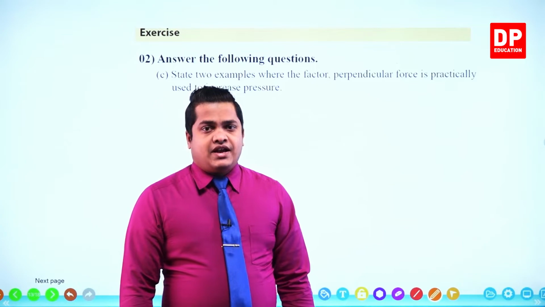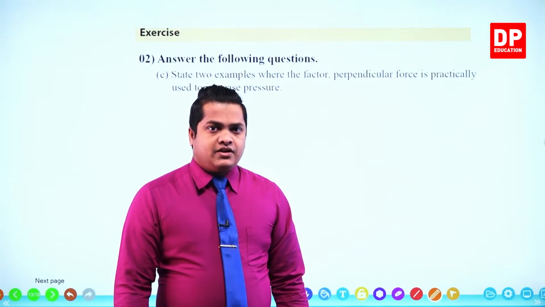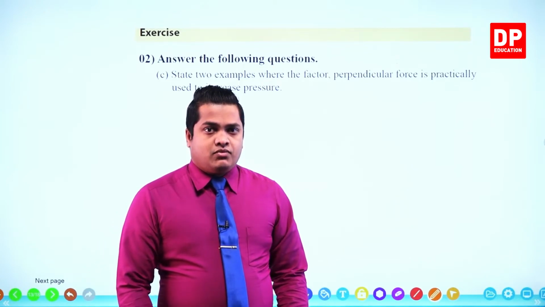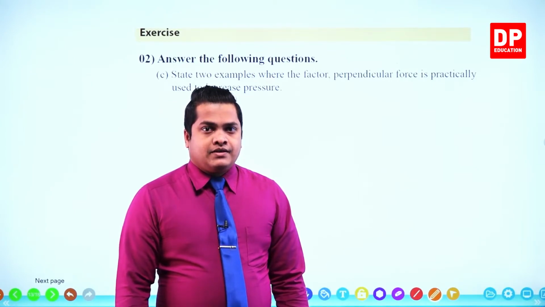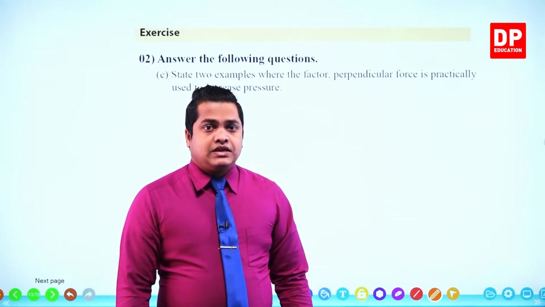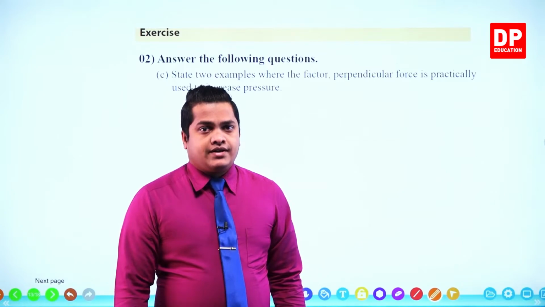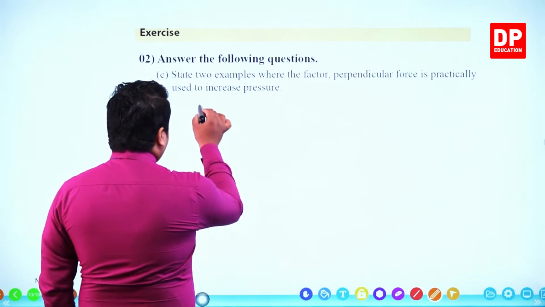Upon having that greater force, it will easily sink into the notice board or whatever the place. So at that place also, we increase the perpendicular force to make our work easy in order to exert a greater pressure. So, we will write down the two instances.